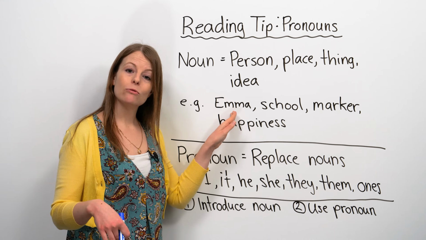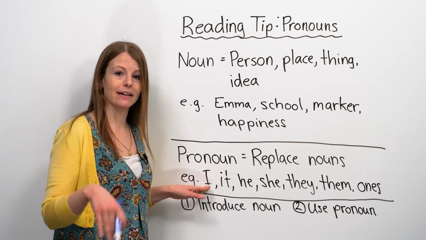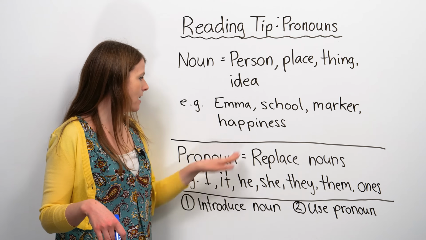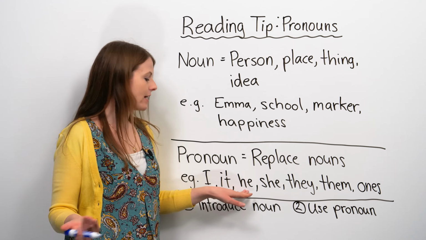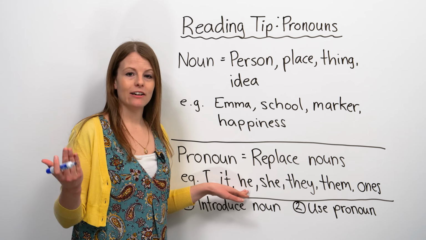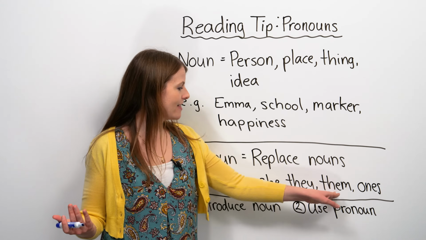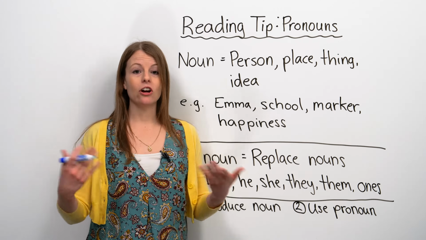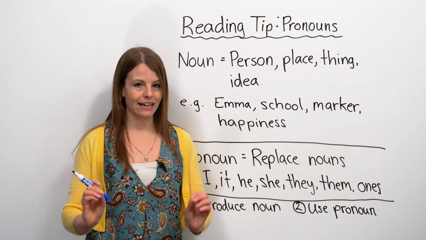The pronoun would be I, because I'm Emma. I replaces Emma. For school or marker, we can use the pronoun it. If I'm talking about my friend, I can use the pronoun he or she, which replaces the word friend. We have the pronouns they, them, ones. There are many different pronouns, and I'll talk a little bit more about them in a moment. But the main thing to know is that they replace nouns.